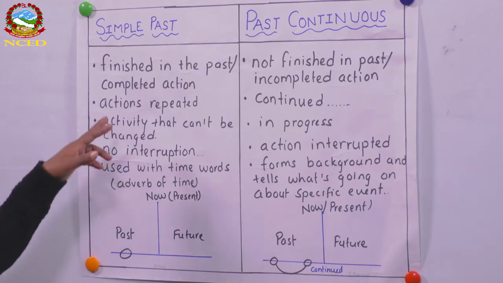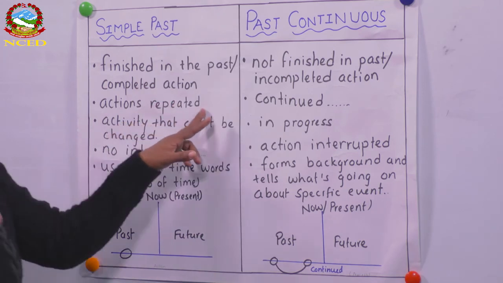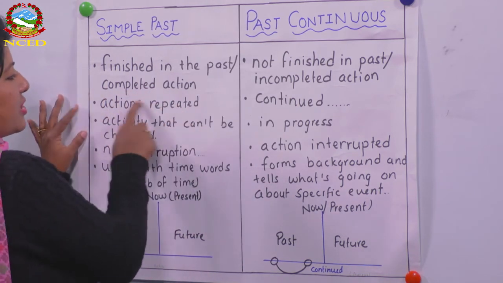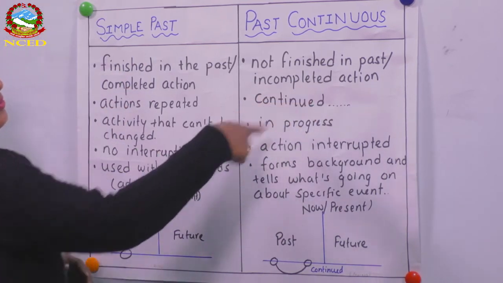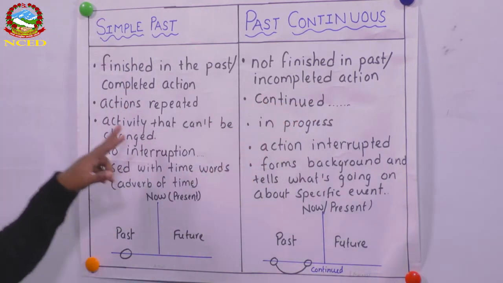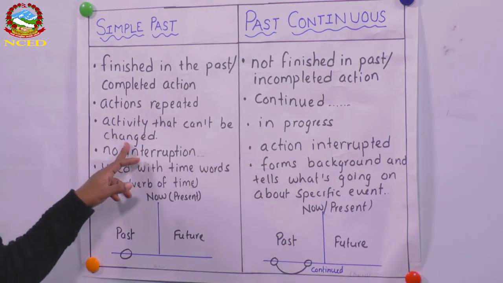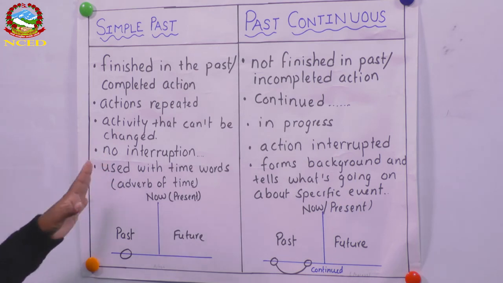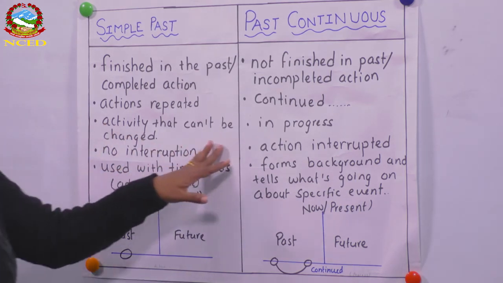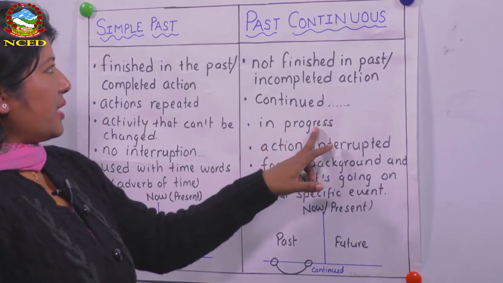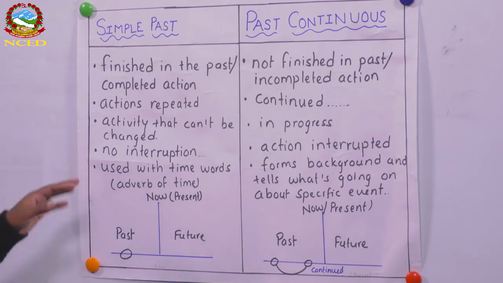Next point, actions repeated one after another in a series, like we had the example, I got up early in the morning, I brushed my teeth. The action in a repeated form, and the same action is continued. Next point, activity that can't be changed, already fixed, permanent type. Activity is already done. But in continuous tense, it is in progress form.